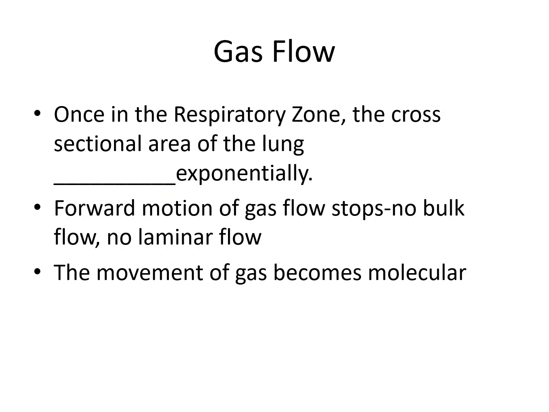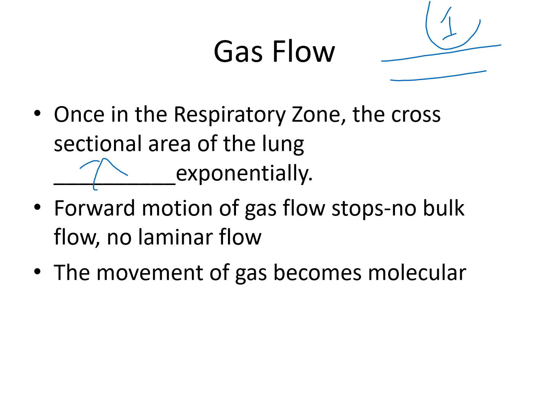Good answer. All right, let's talk a little bit about physics. Who doesn't love physics? So Reynolds number in the alveoli itself, right, is 1. That means gas flow. Once you're in the respiratory zone, the cross-sectional area of the lung will increase exponentially.